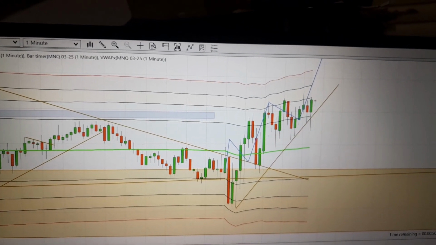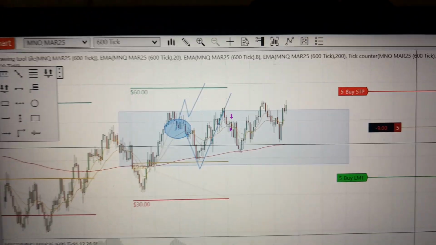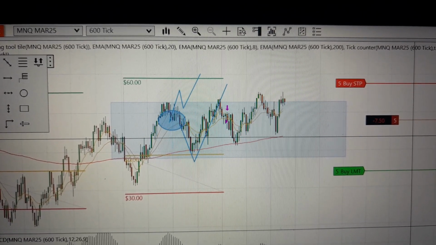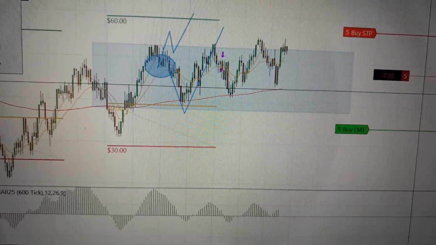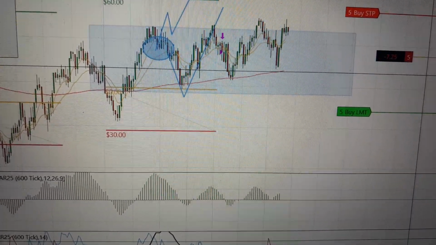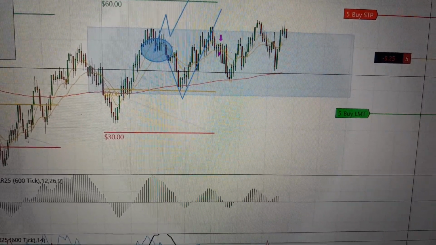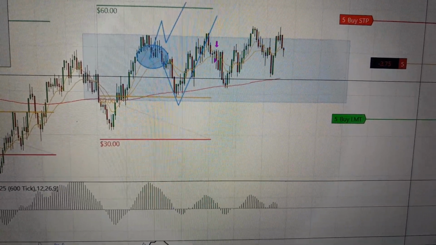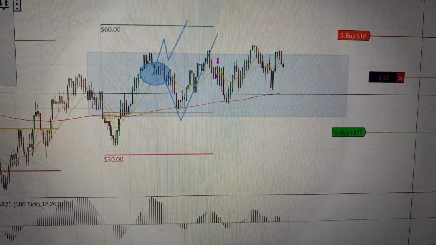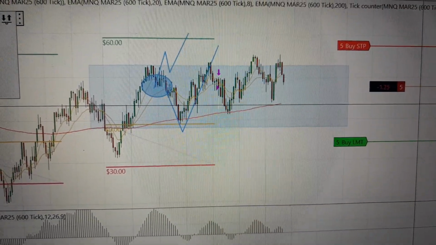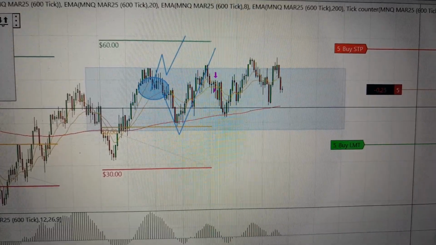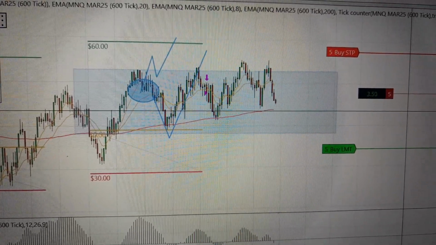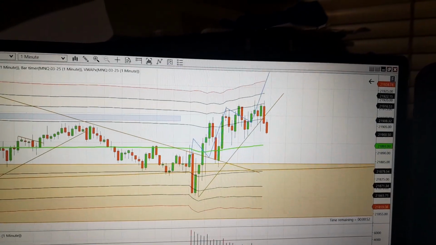This is how it looks in 1 minute. So that's how it's looking in 1 minute.